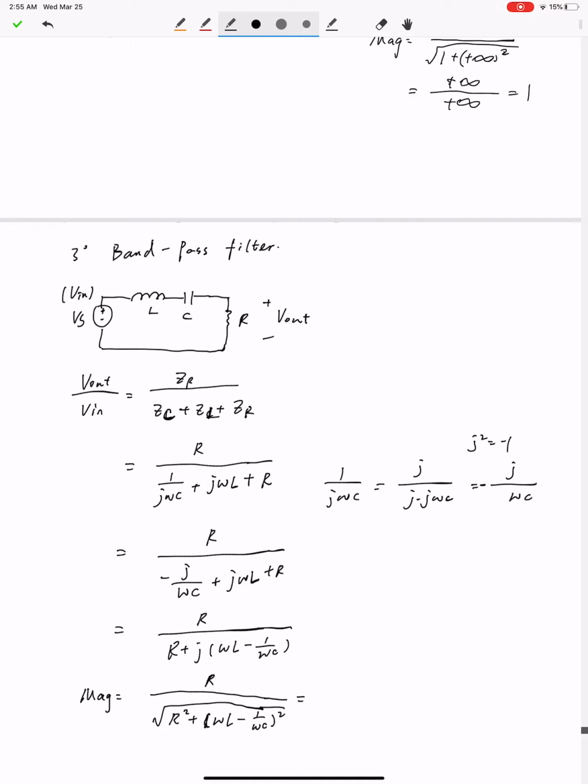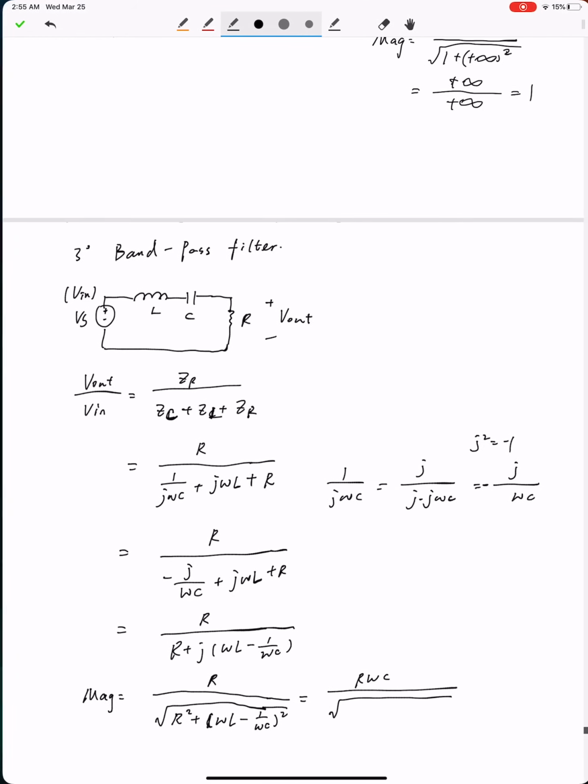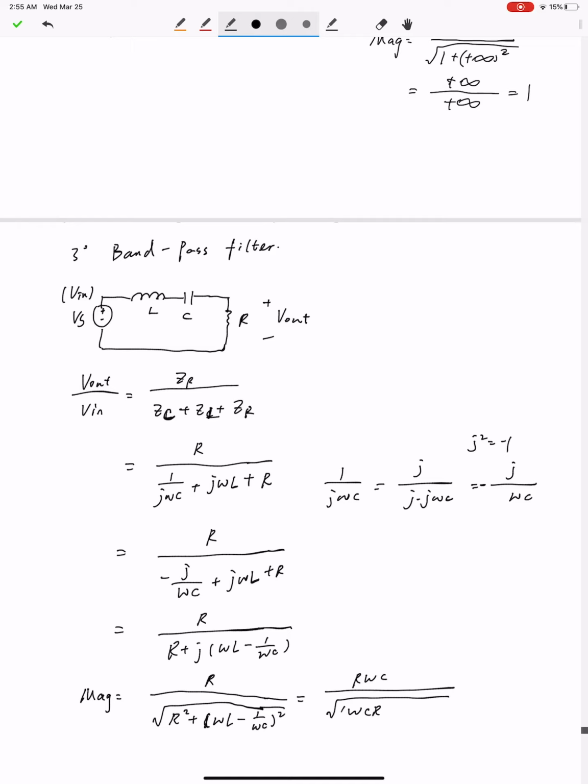But notice that when you multiply omega c inside the square root, that becomes omega c squared, right? Omega c r squared plus omega squared LC minus 1, right? And that's the magnitude.